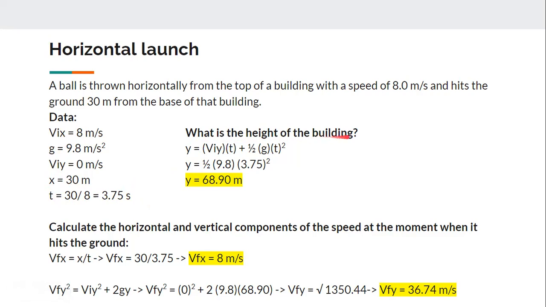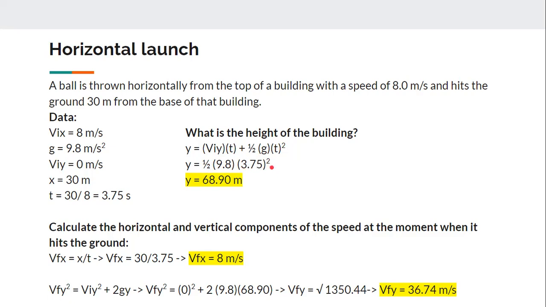If we want to know the height of the building, we need this formula. It's the height of the building equals the initial velocity in the y-axis times the time plus 1/2 gravity times the time squared. We substitute the information, and since the initial velocity in the y-axis is 0, we can eliminate this from the operation for now, and we will have 1/2 times 9.8 times 3.75 squared.